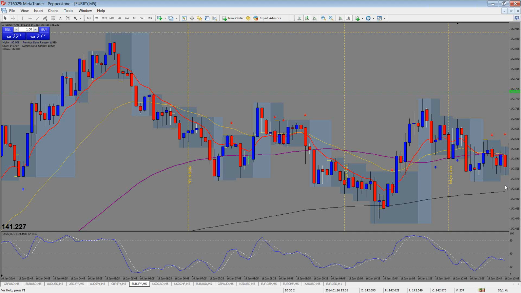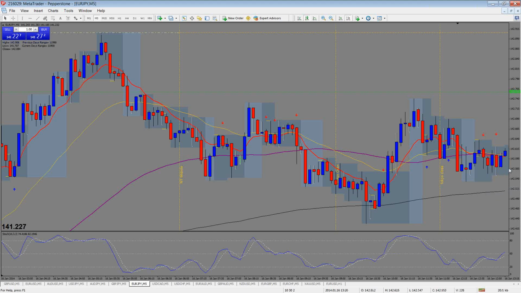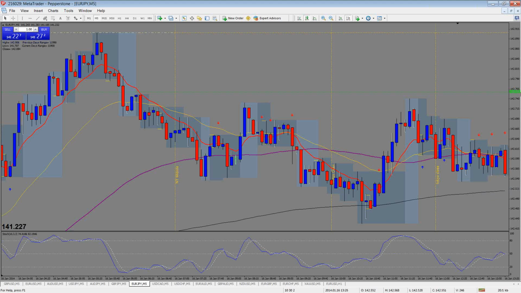As long as you're far enough away from the 200, it's still a valid trade for the 1030. So we don't have a valid entry here because the following candle didn't break below, and the next candle didn't break below. We had an inside bar on the very next candle, so we would now be looking for entry off that inside bar instead of the outside bar being the qualifier.